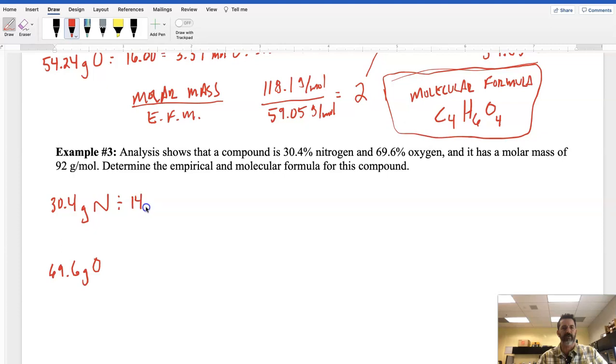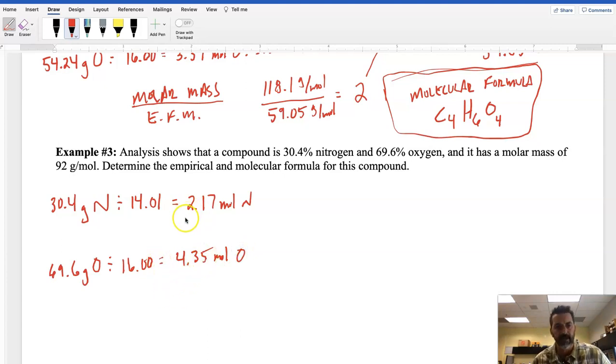So divide by the molar mass, 14.01. Divide by the molar mass, 16. So that is going to get me 2.17 moles of nitrogen. And this is going to get me 4.35 moles of oxygen.